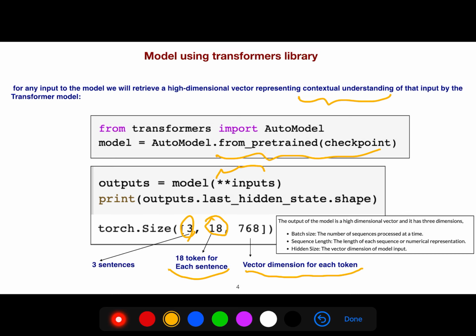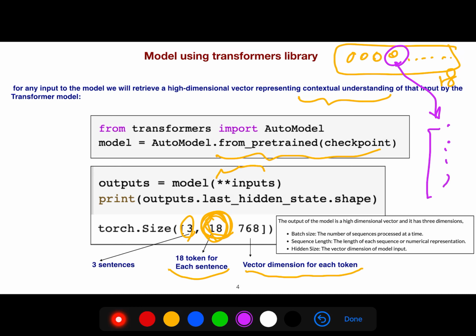So even if a sentence has just 8 tokens, we add 10 more pads in order to create 18 tokens, because we are fixing these 18 tokens for each sentence. And for each of these tokens, we have a vector, but it could be long. It could be 768 times 1. Of course, in the world of word embedding, this is still very small.